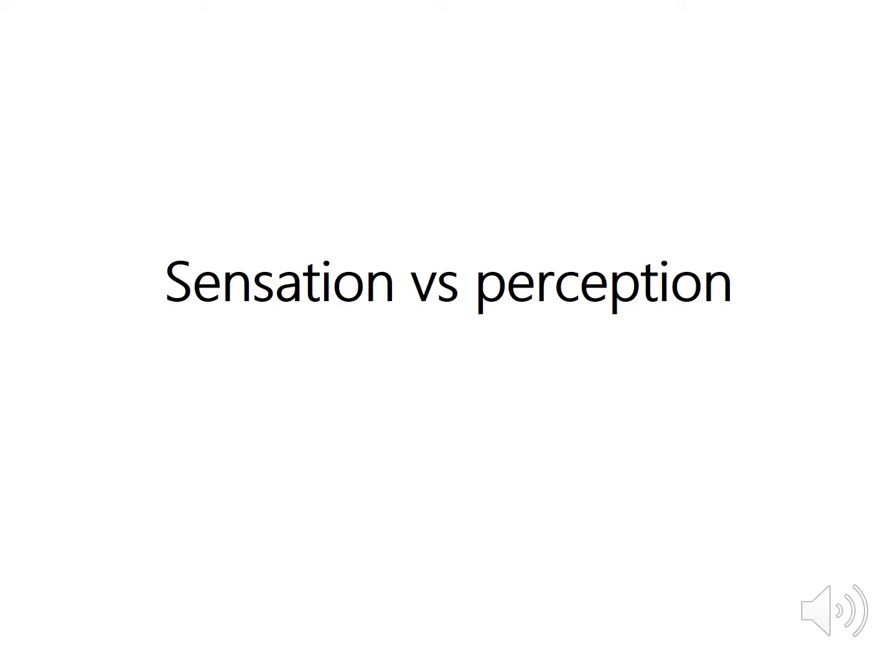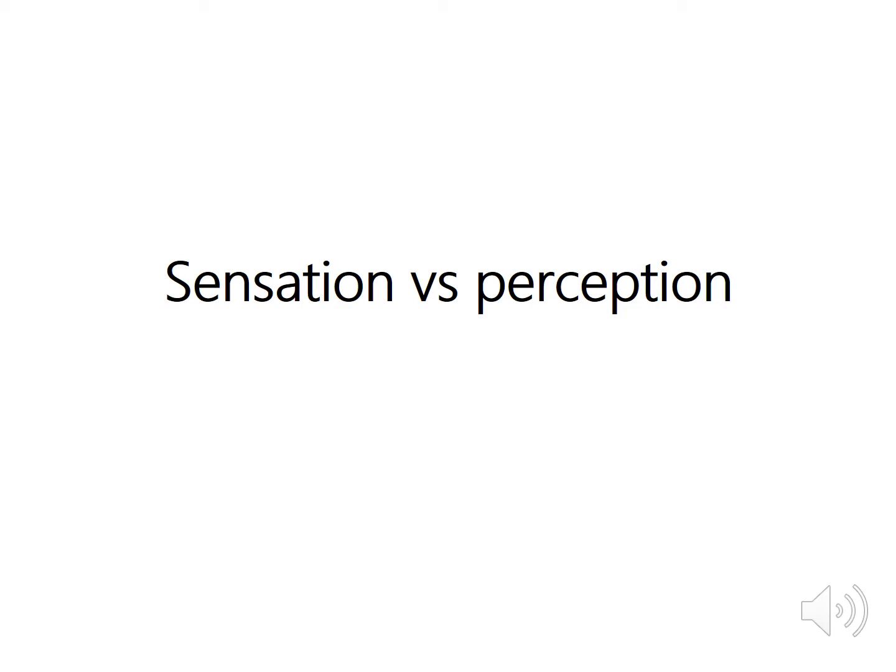We have sensory receptors that receive inputs from the physical world, from our environment, while perception is the process by which the brain selects, organizes, and interprets these sensations. So you can see that perception is building up on sensations.